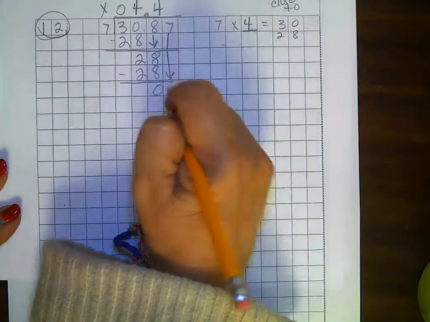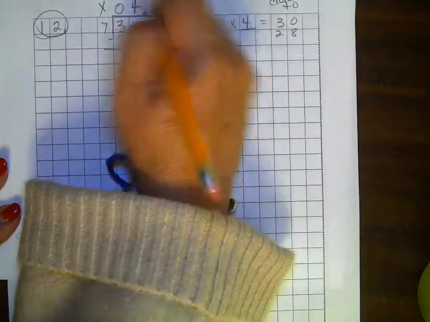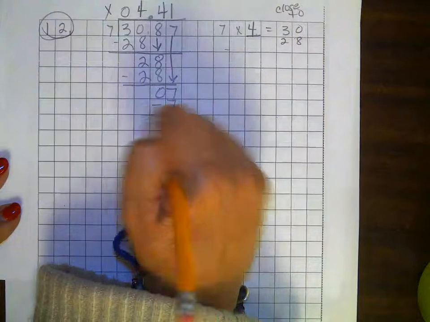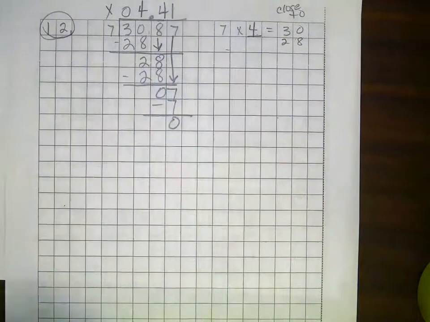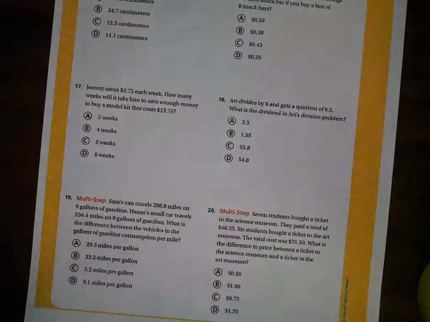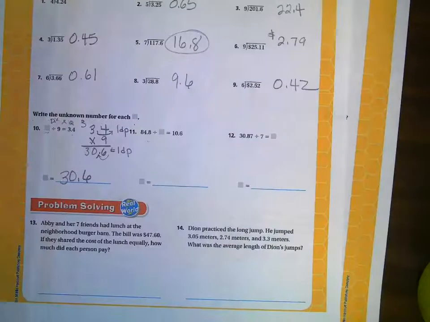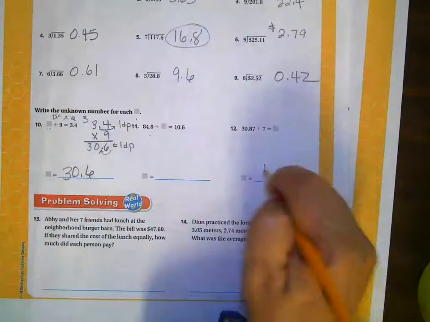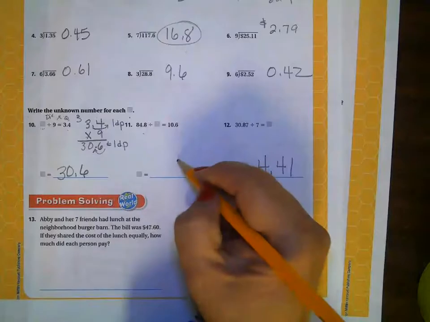Bring down my 7. 7 goes into 7 one time because 1 times 7 equals 7. And so the quotient is 4 and 41 hundredths. Where's my paper? And this is just 8.